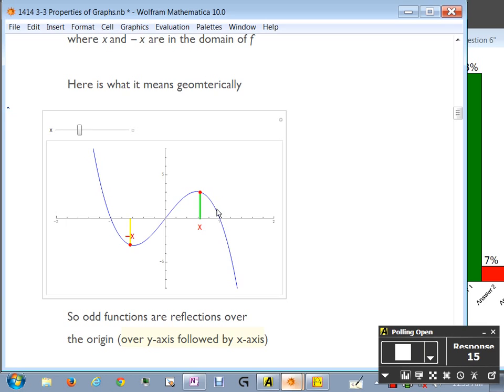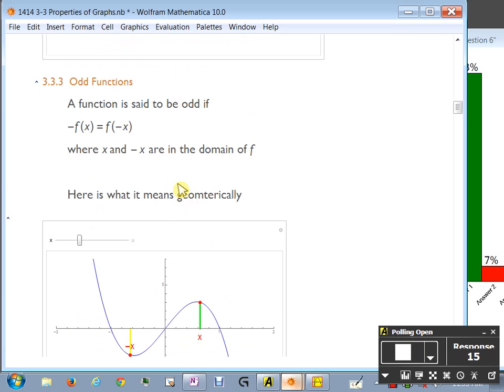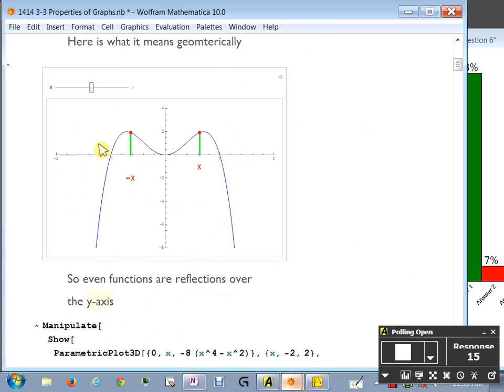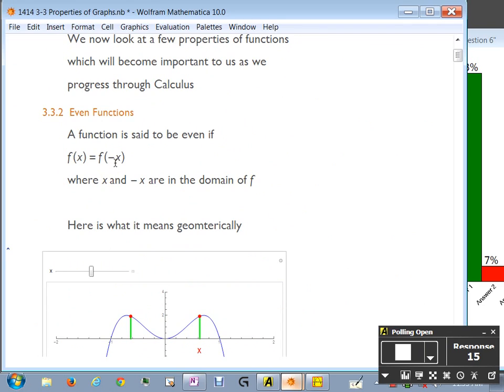So they each have properties. When we're working with them algebraically, for sine, if we plug in a negative, we can get that negative out of there, turn it to a positive, but then we have to change the function negative. Or if it's an even function, if we have a negative inside the function, we can just throw the negative out, make it positive. Same thing. So those will be useful.